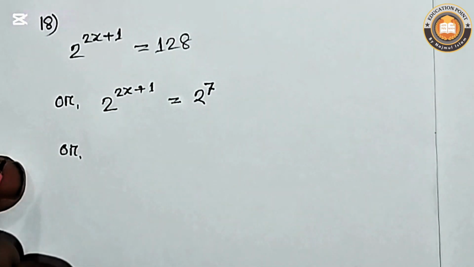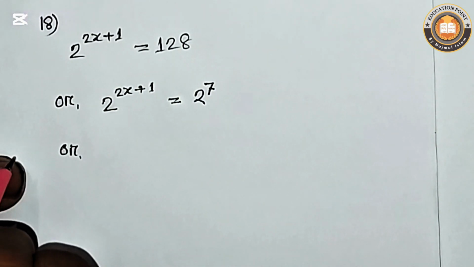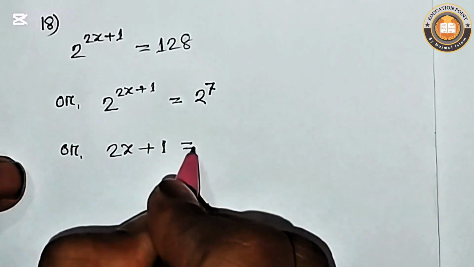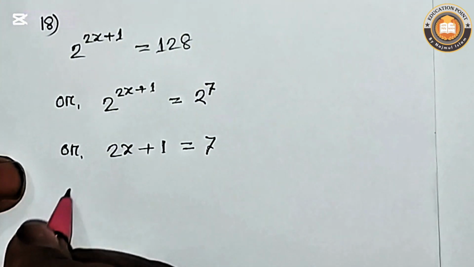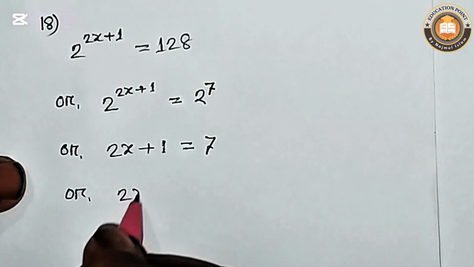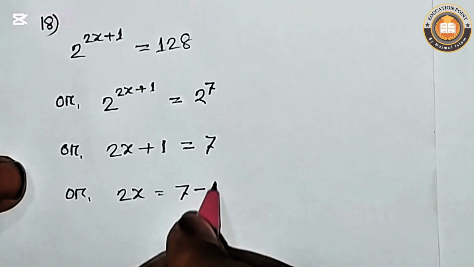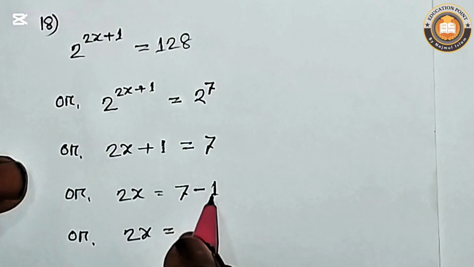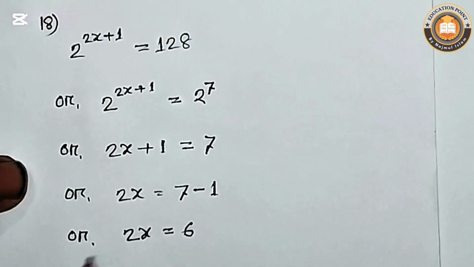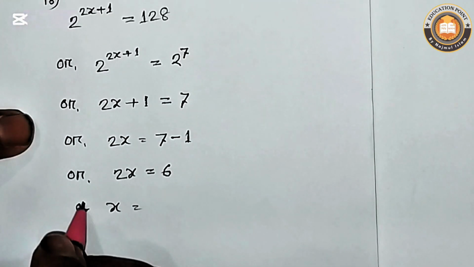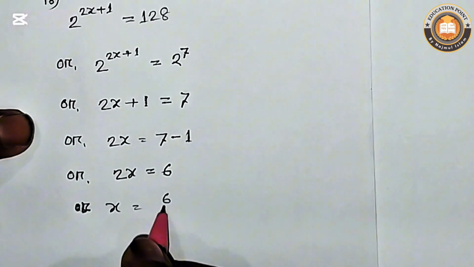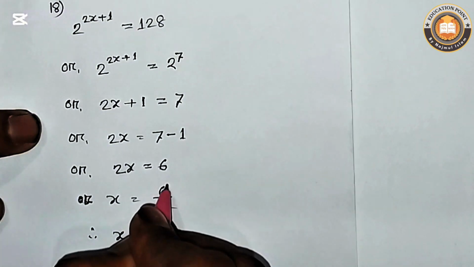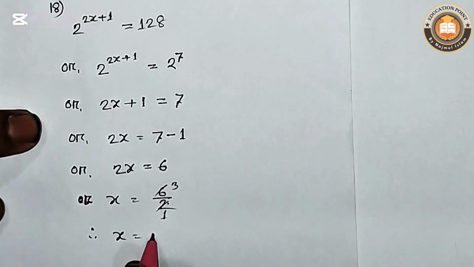So according to the formula, we can write 2x plus 1 equal 7, or 2x equal 7 minus 1, or 2x equal subtracted value of 7 and 1 equal 6, or x equal 6 by 2, so x equal 3.